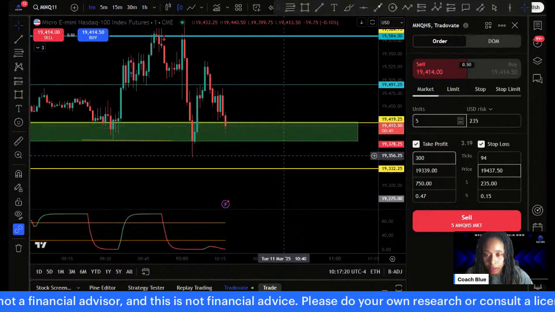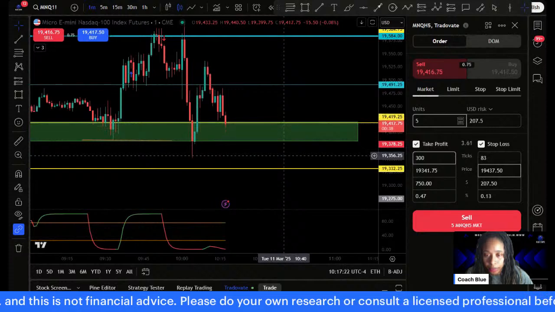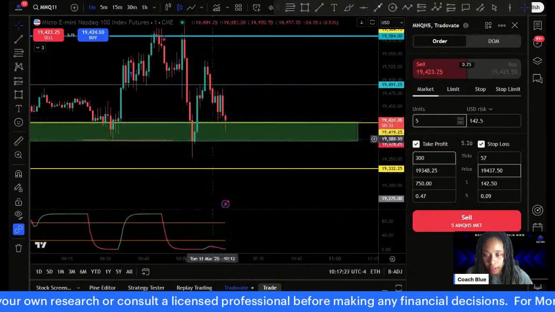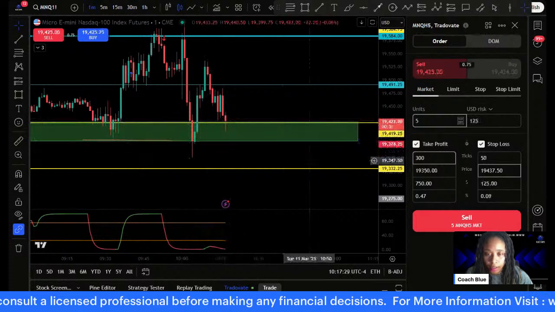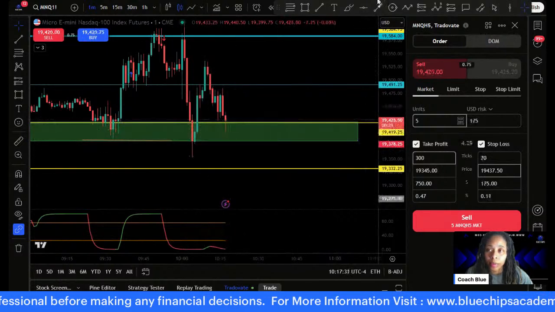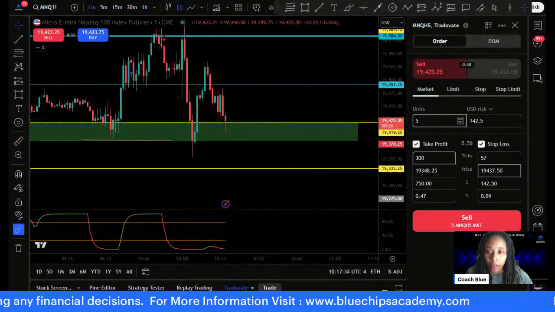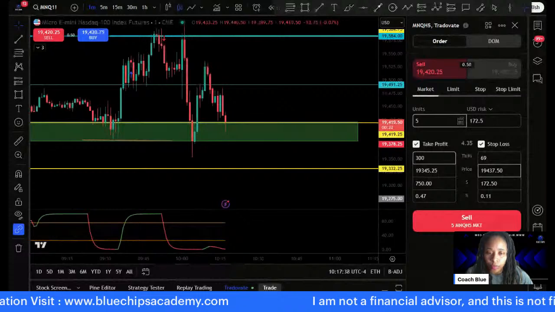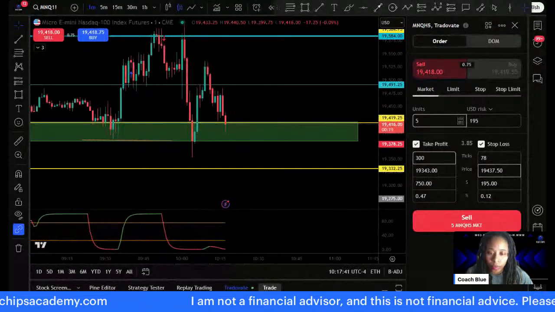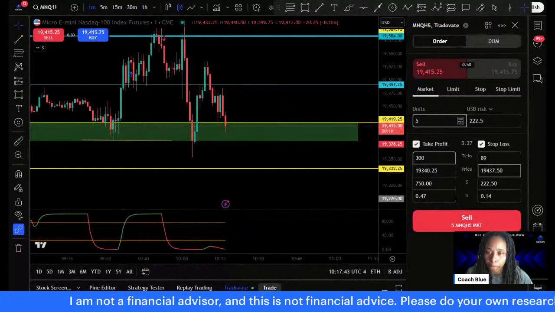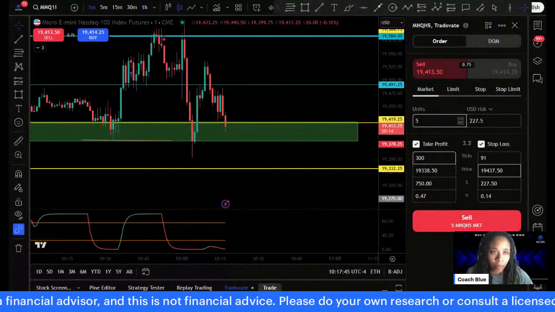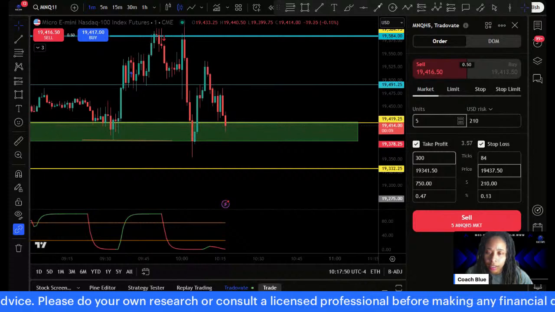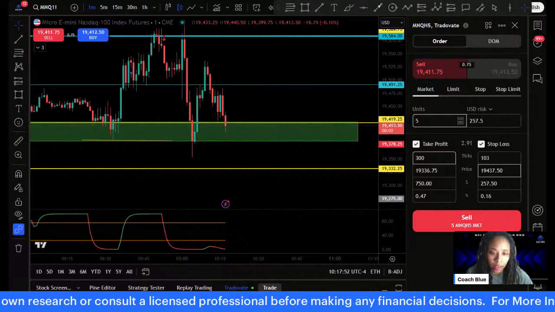They've got to push through this level, though, because the buyers are sitting here waiting to push price up. So we'll see. We've got about 13 seconds left on this candle right here, guys.